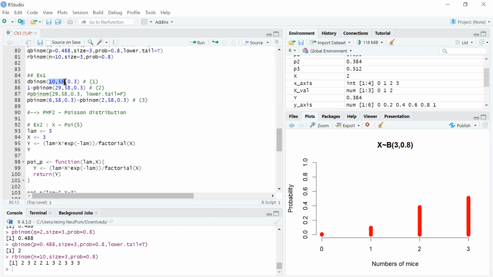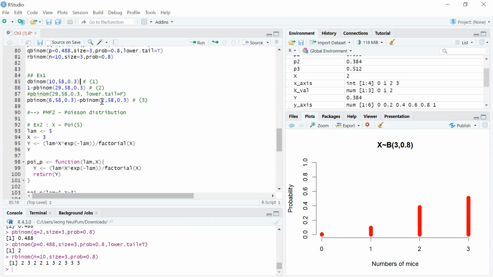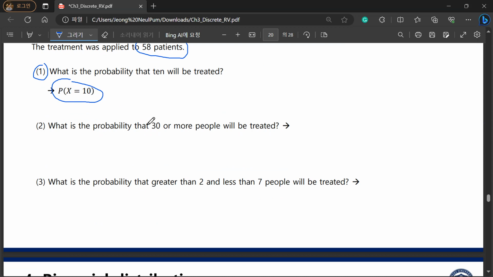So I use this hyperparameter as this one, and question number 1 asks for the probability of x equal to 10 in this situation, which is the same as the result of the d-binom function when x is 10, n is 58, and success probability p is equal to 0.3, which is 0.011. So which is very easy.